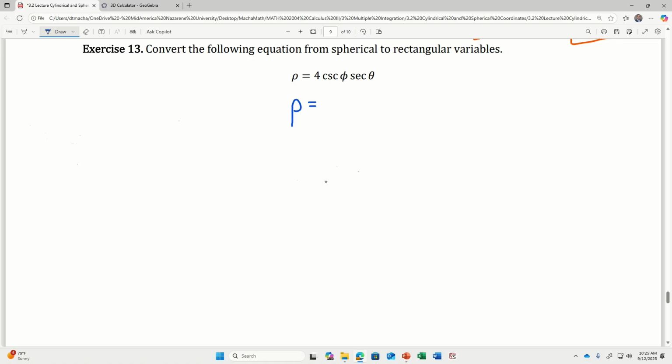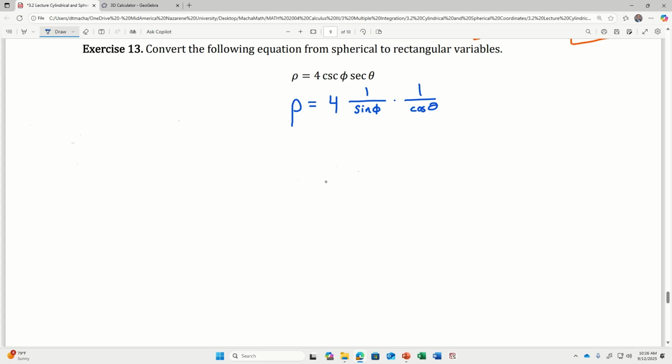We've got rho equals 4 times cosecant phi. And cosecant doesn't show up in any of my conversion formulas. So maybe I'll rewrite this as 1 divided by sine of phi, because cosecant is the reciprocal of sine, and secant is the reciprocal of cosine.